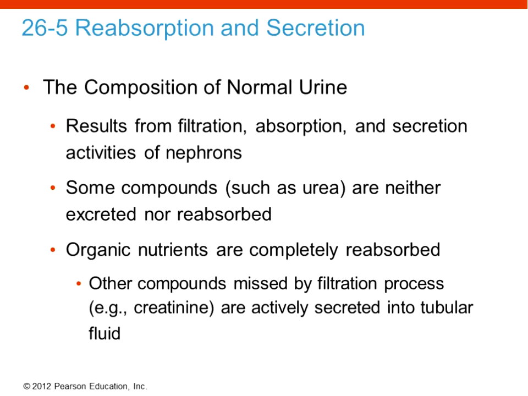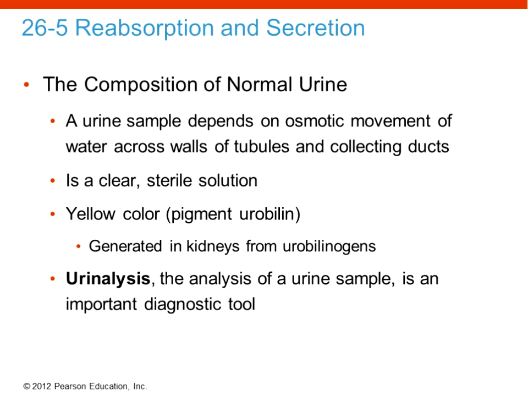Composition of normal urine, again, comes from the filtration, absorption, and secretion activities that occur at the nephron, which work together and produce these components. Urine depends on what exact processes are happening in the body, but ultimately we're seeing a clear sterile solution. There is some urobilin pigment in there generated from the kidneys.